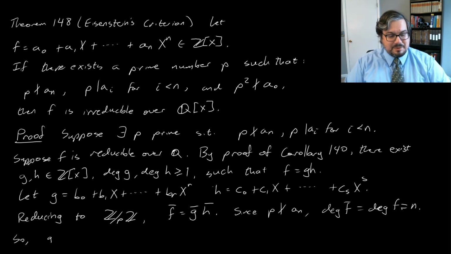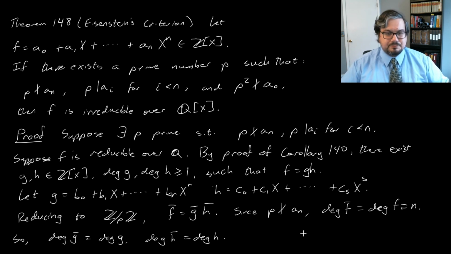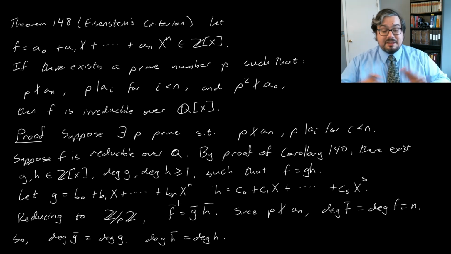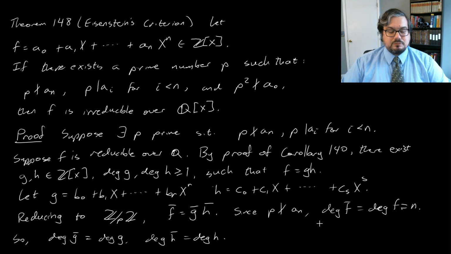So that means that we must have that the degree of g bar is equal to the degree of g, and the degree of h bar is equal to the degree of h. So everything keeps its same degree that it had before, which is good.